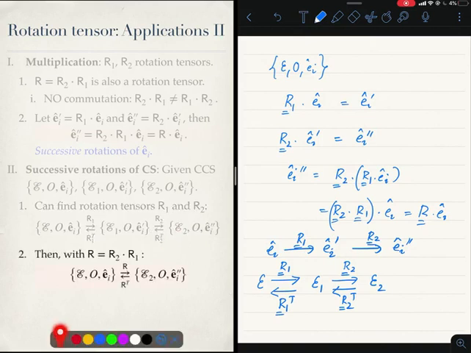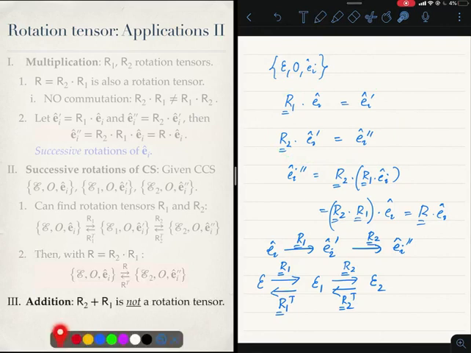But then I can concatenate them. I can put them together as R2 dot R1, so that I can go directly from E to E2, which is what I have done over here. And R would be R2 dot R1, and the logic would follow basically this kind of a setup, right? So that's successive rotations of a coordinate system.